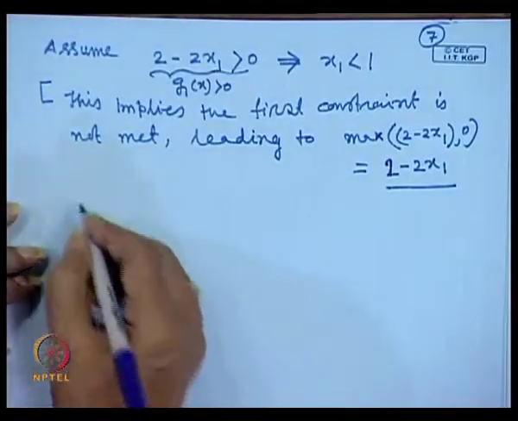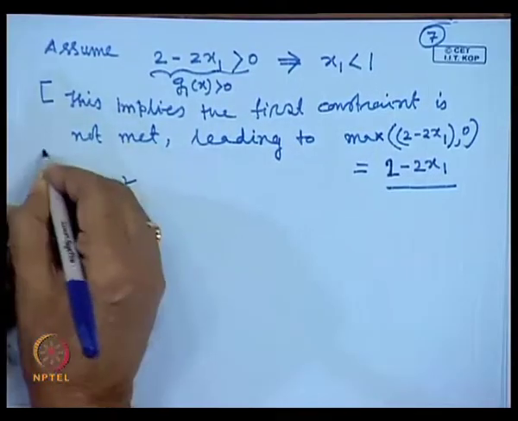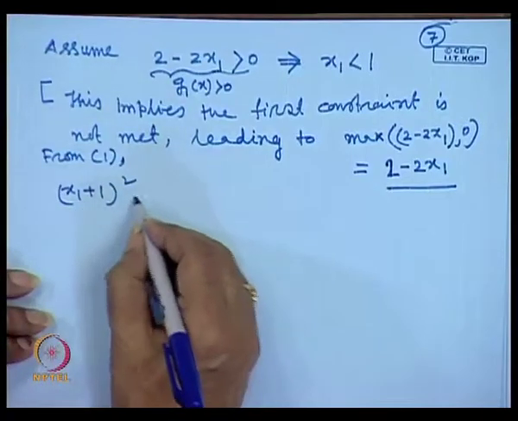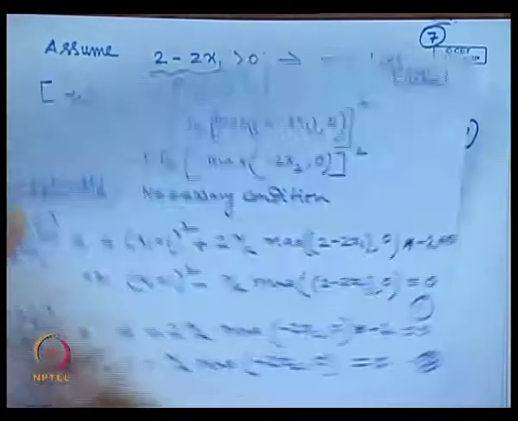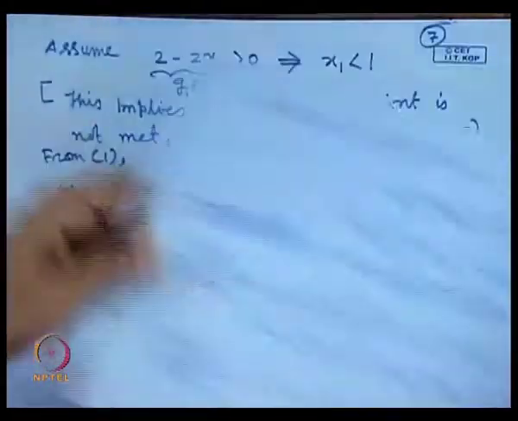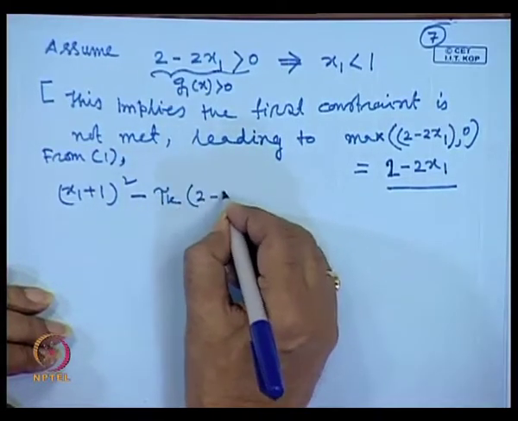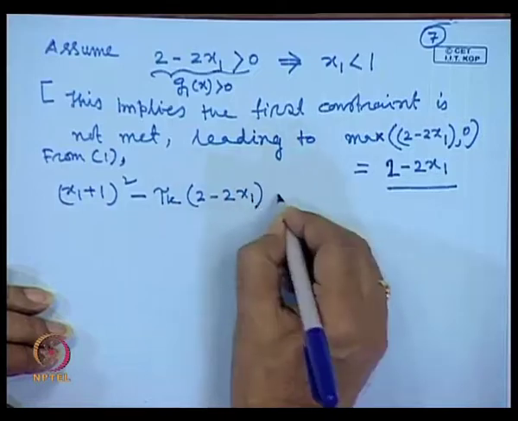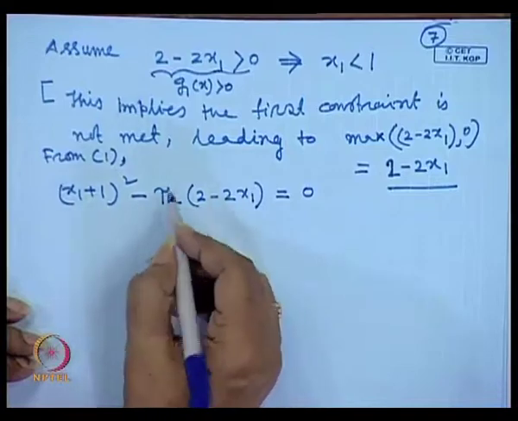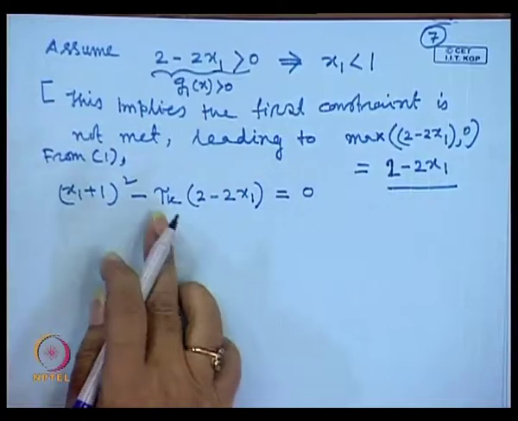So, from equation 1 I can write (x 1 plus 1) whole square minus tau k into (2 minus 2 x 1) minus tau k into 2 x 1, this equal to 0. This is known in the sense, if you do the iterative method, this is known, otherwise this is unknown.